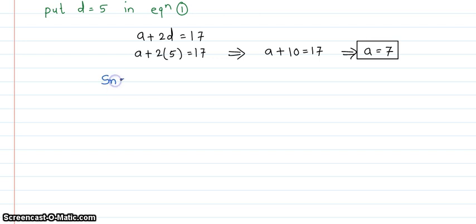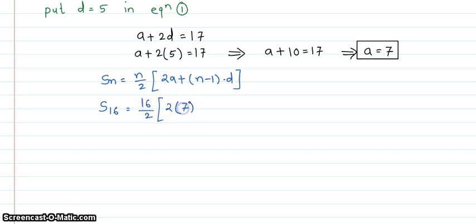What is the formula? Sn is equal to n by 2 in bracket 2a plus (n minus 1) into d. So S16 is equal to 16 by 2 in bracket 2 into what is a? 7, plus n is 16 minus 1 into, what is d? d is equal to 5.